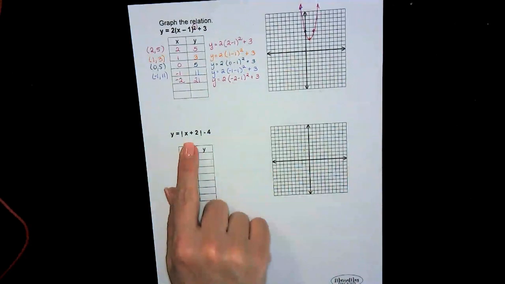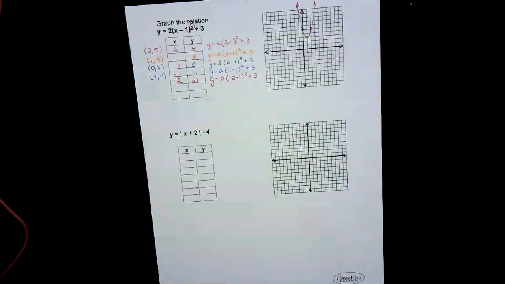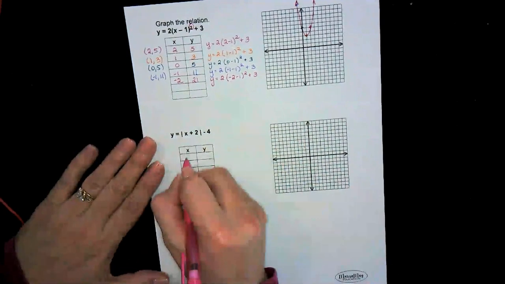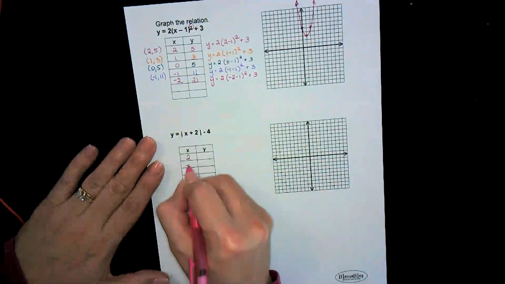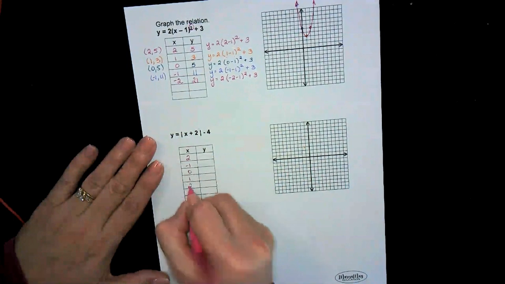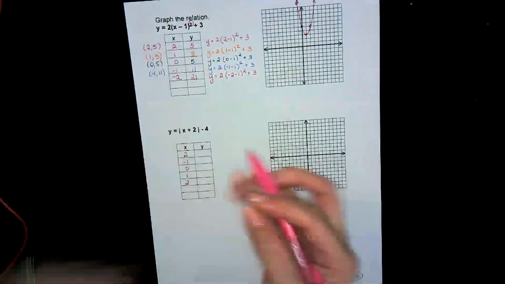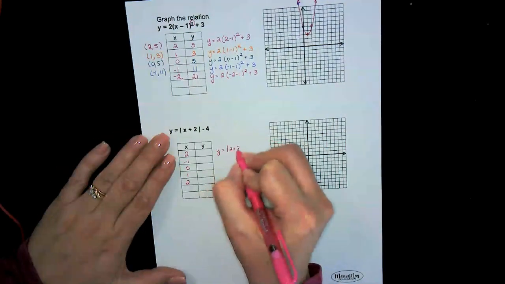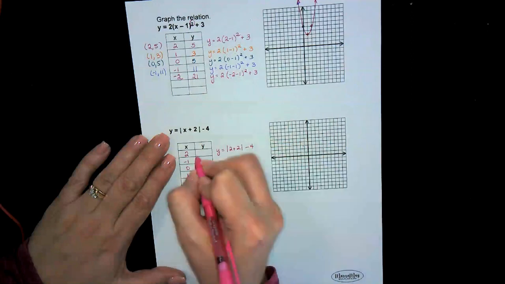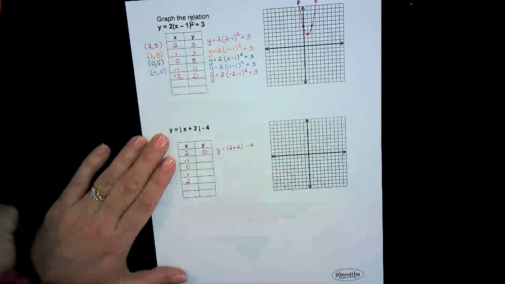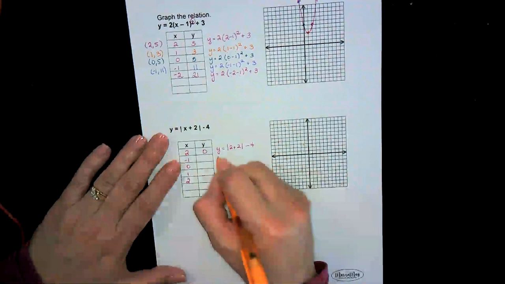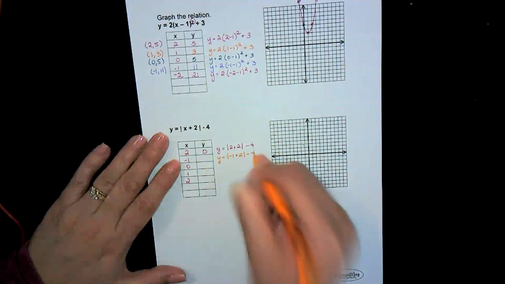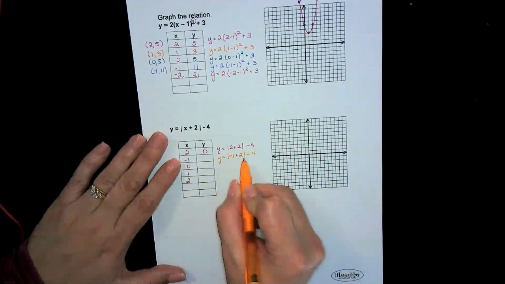Now I'm going to do one more just like that. And again, I'm going to choose some positives, some negatives, some zero. And we have an absolute value to work with here. So I have absolute value of 2 plus 2, which is 4. 4 minus 4 is 0. Then I have the absolute value of negative 1 plus 2, which is 1.